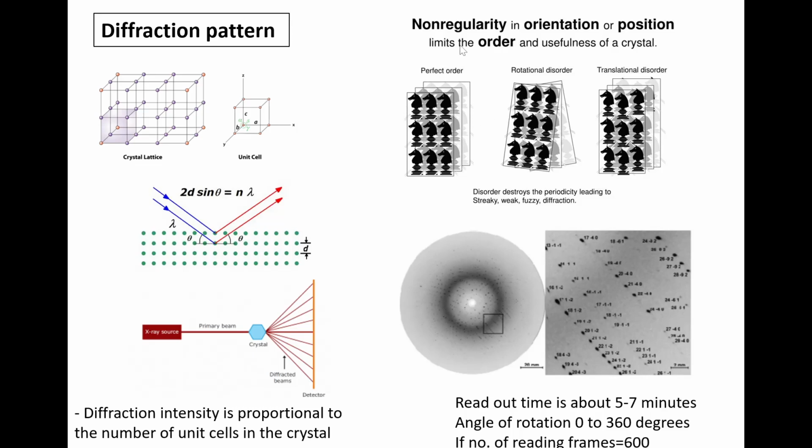But there can be some disorders in your crystal as well, like rotational disorder, which means one plane of the crystal is not aligned properly with the subsequent plane. Okay, and it is actually rotating. The relation between these two planes is by a rotation.